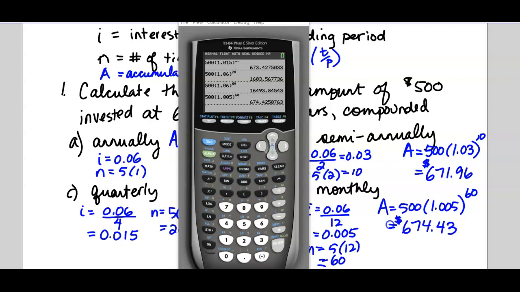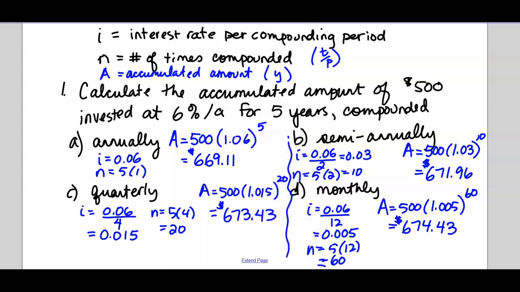Okay, so each question here, I've compounded more frequently, and my accumulated amount has gone up. So the more times you compound, the more money you make. Listen, please. In real life, you may not have the choice. Like it might be one investment for a certain time period at a certain rate, at a certain compound.